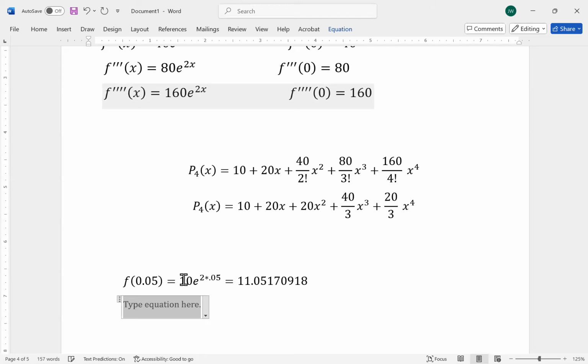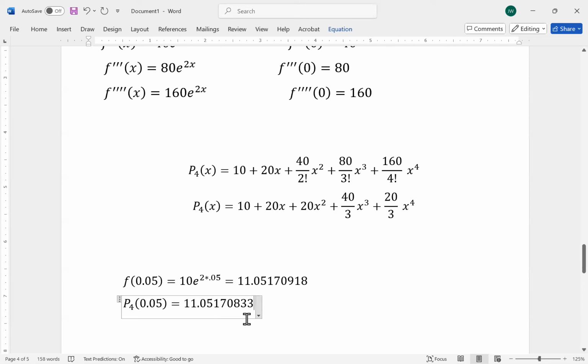When I do that for my polynomial of degree 4, it takes a little bit longer to plug it into your calculator because you have more things, but it's a pretty straightforward process. I did that on my own and I got 11.05170833.